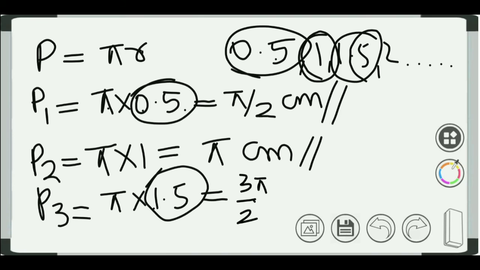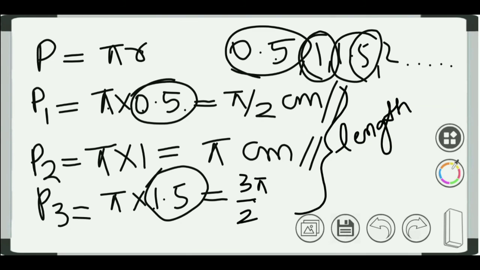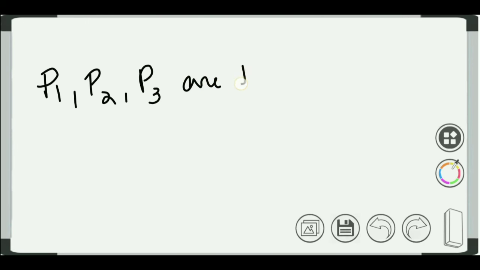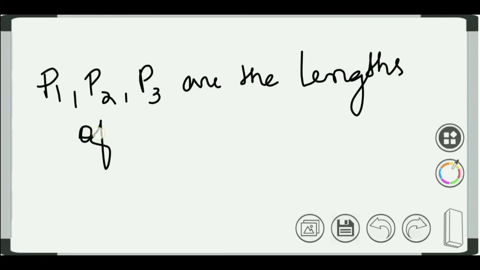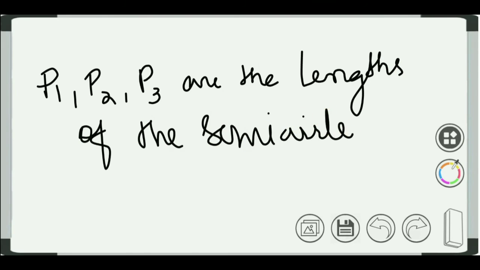So now you got P1, P2, P3. This is the length of the semicircle. Perimeter means length of the semicircle. Now you can write below that, P1, P2, P3 are the lengths of the semicircles.